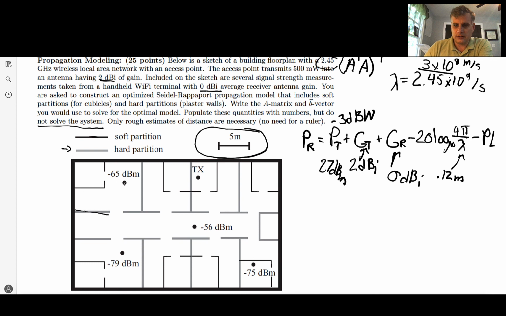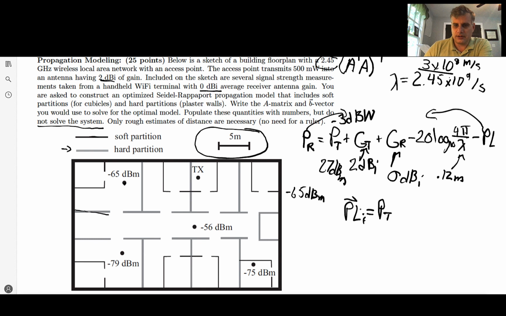Now, when we see a received signal strength of, say, negative 65 dBms, to calculate the path loss here, all we have to do is basically move that over to this side of the equation and this over to that side of the equation. So we just have to plug in, and we'll use a little subscript since we have multiple points we're going to be doing this to.